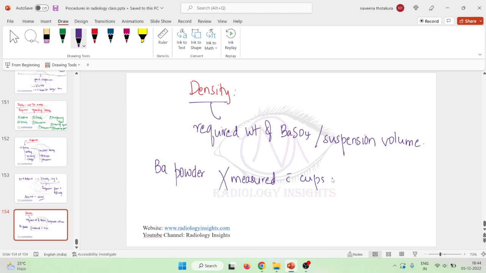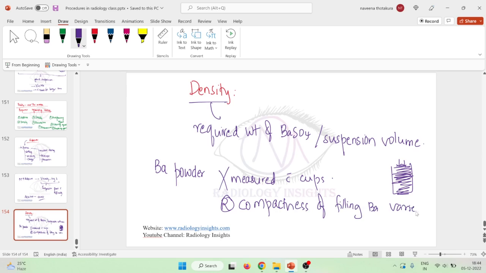The compactness of filling the cups may vary. If there is a cup, you can either fill it with barium tightly or loosely. As a result, the compactness of filling the barium may vary, so using cups for measuring barium powder is not a good practice.